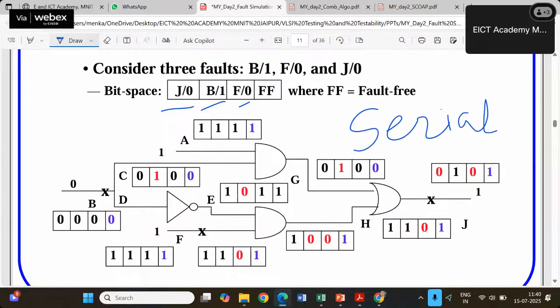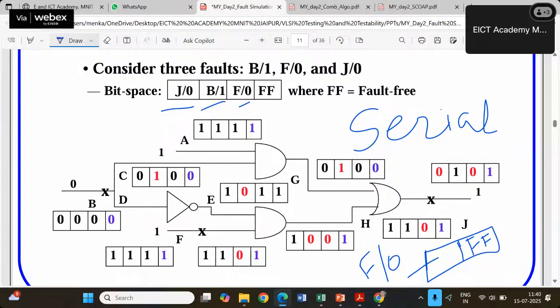What I need first of all is one fault-free and one faulty. So fault free is 1. Let me represent it by this, and this is for the faulty. In the first pass it can be, let's say, F0, in another pass it can be B1, another pass it can be J0.